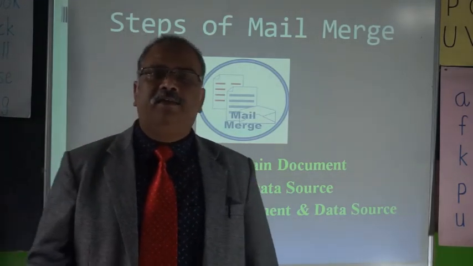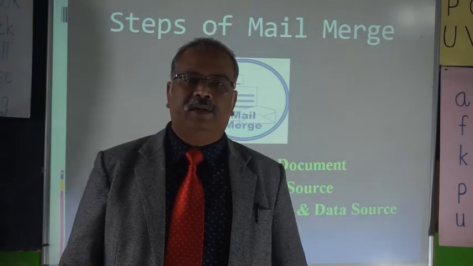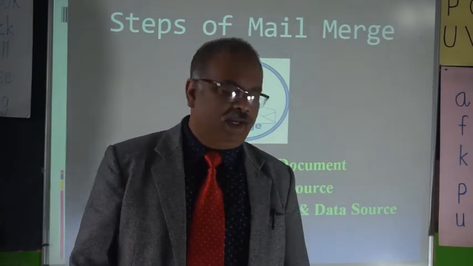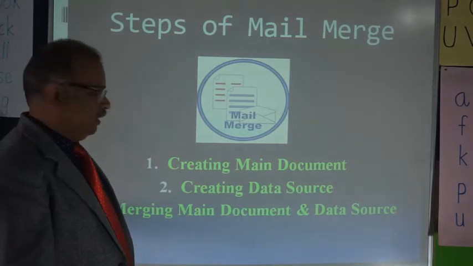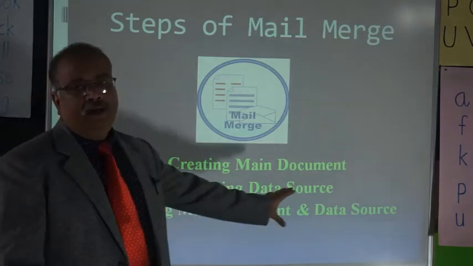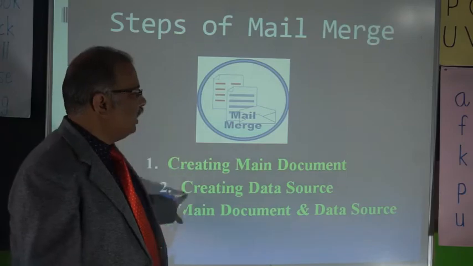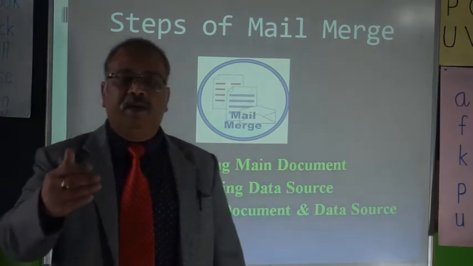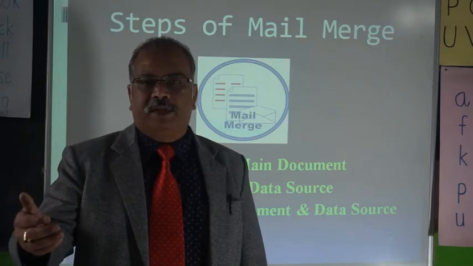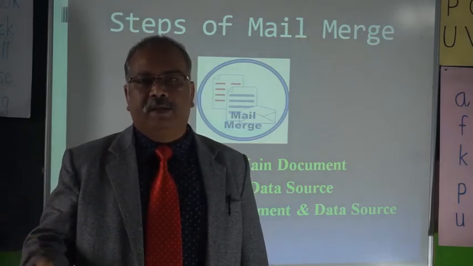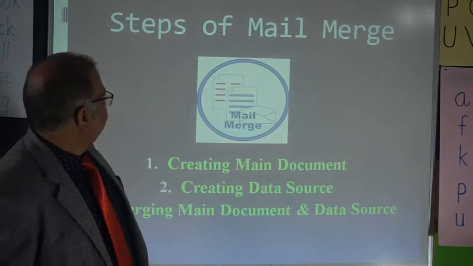It is the list of addresses and names, etc., which you have kept in another file. And the third one is the final one, merging the main document and data source. So these two will be combined to make one letter, a letter with the name and the address for various recipients.